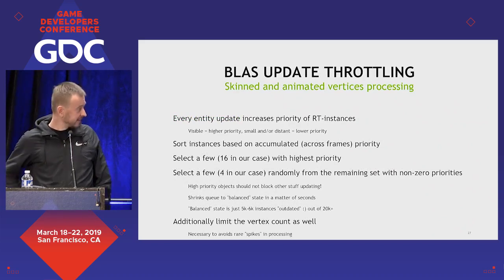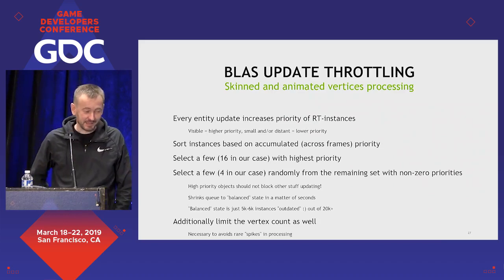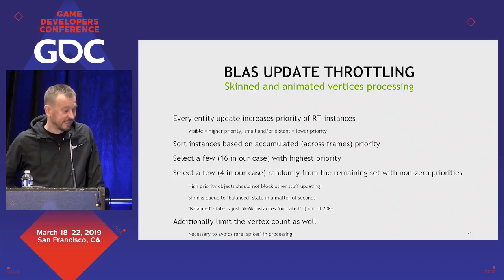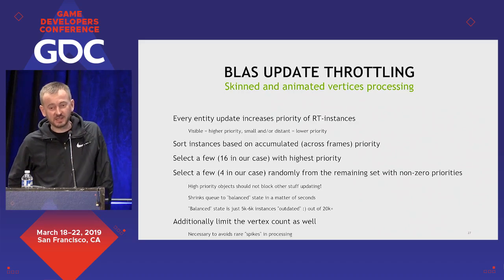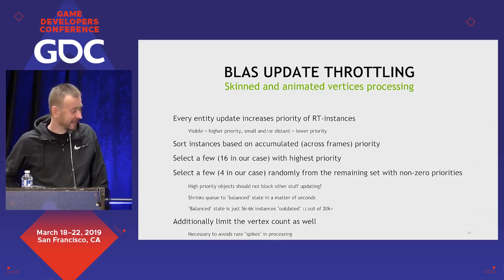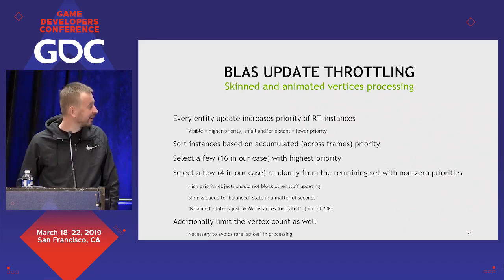But here is the problem. If we update everything that was animated in the frame, it would be thousands of bottom-level structure updates, and then those updates would cost more than the ray tracing itself. Clearly, we should throttle those updates to something manageable, and we do. This slide outlines our way.